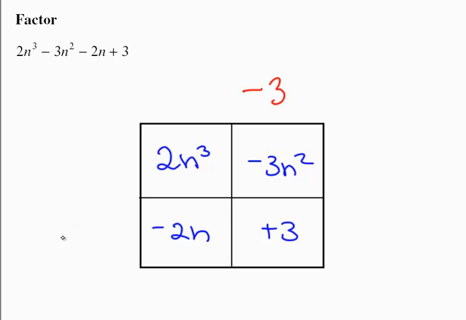And then I'm going to work backwards. This is going to be negative 1, because negative 1 times negative 3 gives me positive 3. This is negative 3n squared, so this has to be n squared. And then n squared times something else gave me 2n to the third, so this has to be 2n. We're going to double check. 2n times negative 1 is going to give us negative 2n squared. So now we're done.